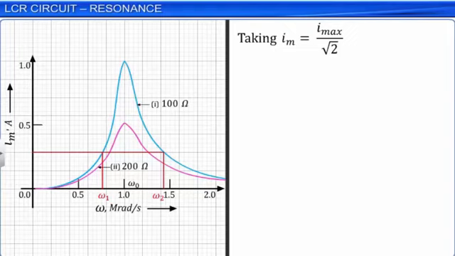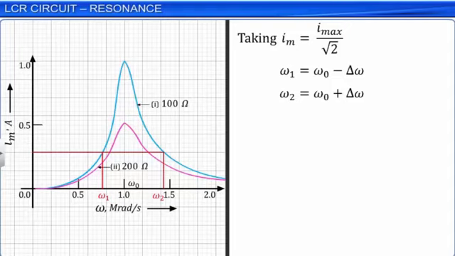From the graph, we have omega 1 equal to omega naught minus delta omega, and omega 2 equal to omega naught plus delta omega, where delta omega is the difference between omega naught and omega 1 or omega 2. Hence, the difference between omega 2 and omega 1 is equal to 2 delta omega.